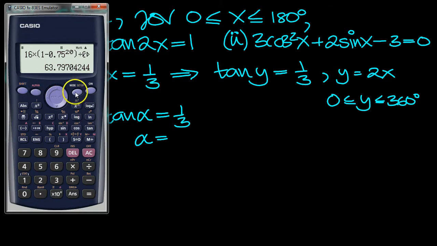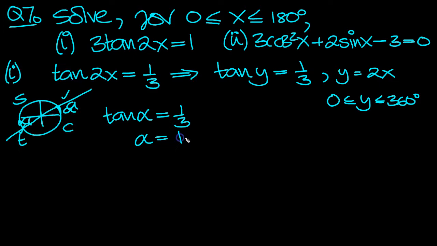So shift tan a third then, we need to be in degrees mode. So shift mode first, let's just check that. We need degrees. So shift tan, inverse tan of 1 divided by 3 equals 18.4 degrees.